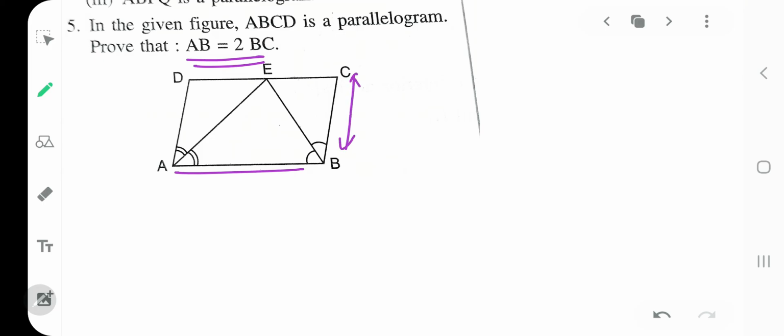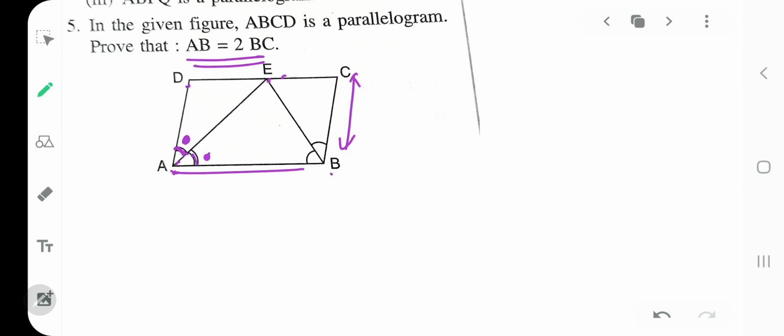Shall we start? Now, if this is a parallelogram ABCD, can I say DAE is equal to EAB? It is given.